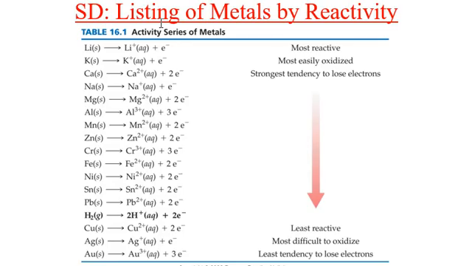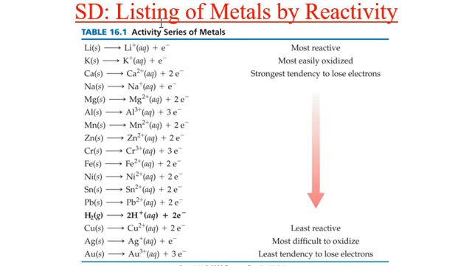Let me give you this list, this activity series of metals. I say activity series of elements, but when we talk about metals, it means we focus only on metals. We do have an activity series of non-metals, and in total we have a general activity series of elements.